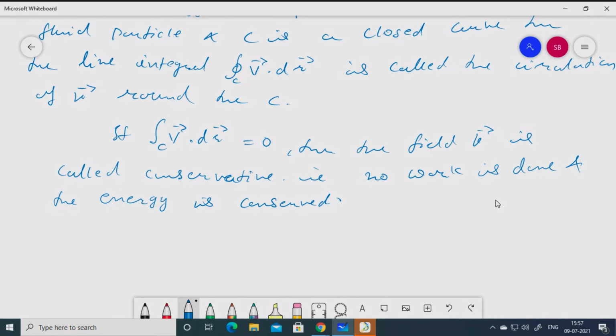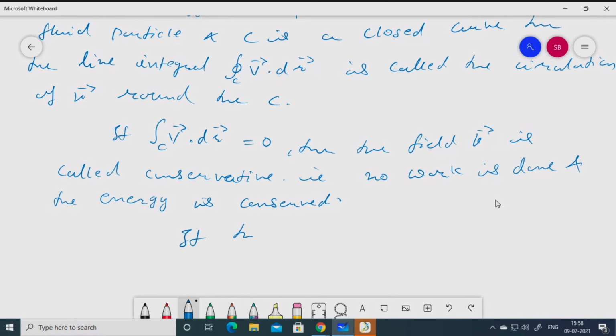Now suppose in a given region D, if the circulation of v bar around every closed curve vanishes, then v bar is said to be irrotational in D, because there is no circulation at all. Okay.